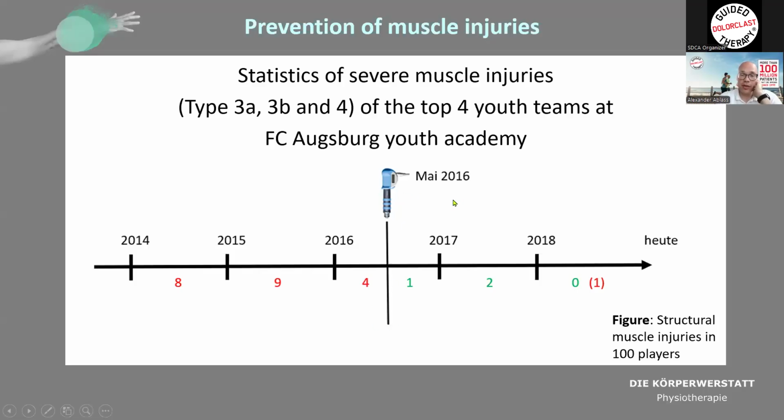Then in May 2016, we started to treat all players coming with problems in their muscles, like cramping, getting kicked, doing a strange movement, or just feeling tired. We treated all these muscle things with the radial device, and you can see how the number of severe muscle injuries just vanished.